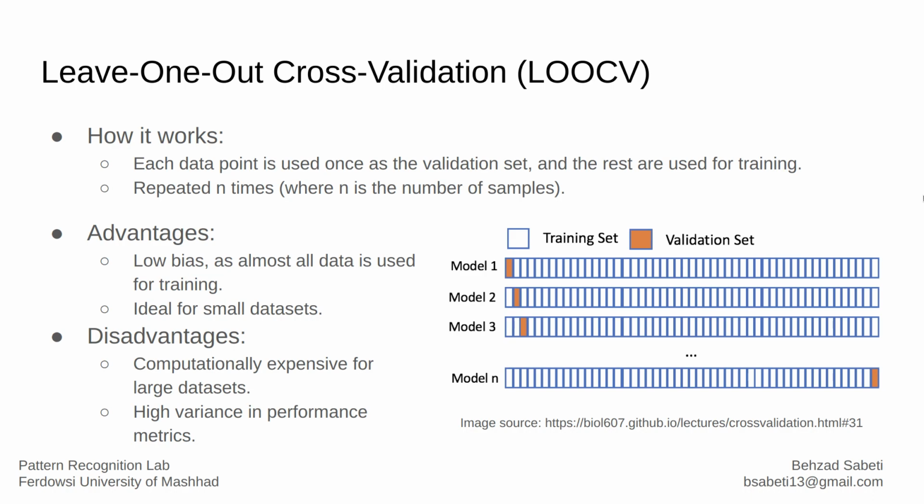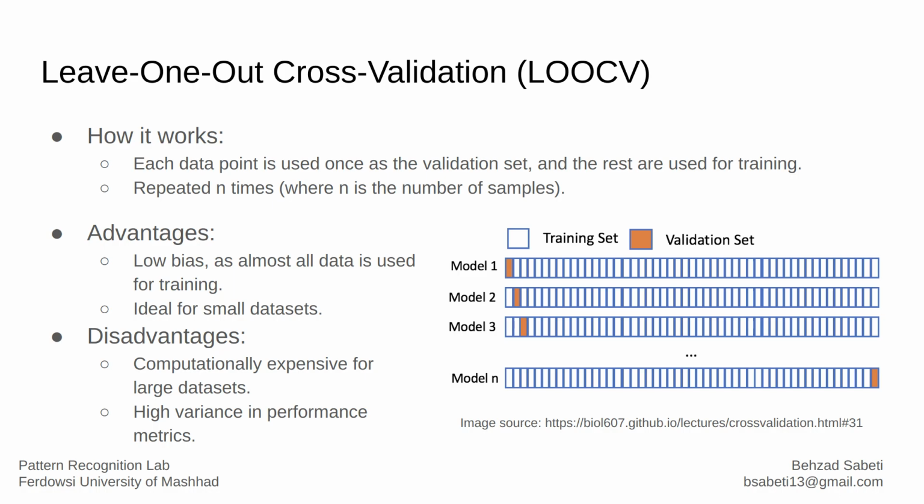Next, let's look at leave one out cross-validation, or LOOCV. This method is a special case of k-fold cross-validation, where k equals the number of samples. Here's how it works. Each data point is used once as the validation set, and the rest are used for training.